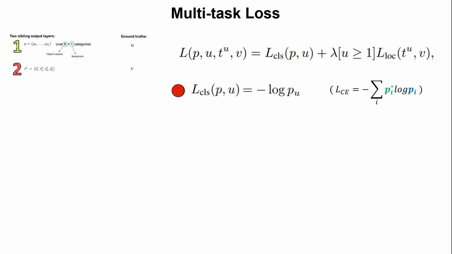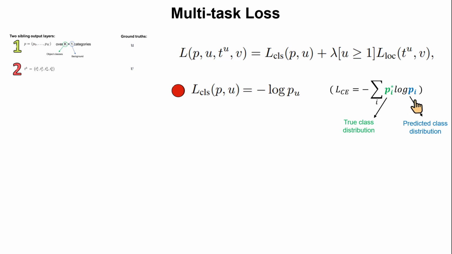Remember, from the cross-entropy loss function, p star i is the true class distribution, which is our ground truth, and the blue p_i is the predicted class distribution. So in cross-entropy loss, we iterate over k+1 entries, and each time we select our index i and compute this term here.